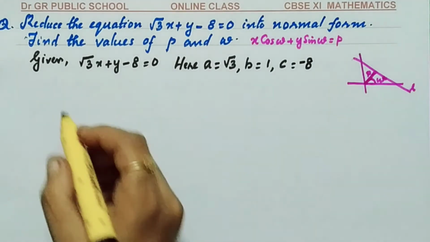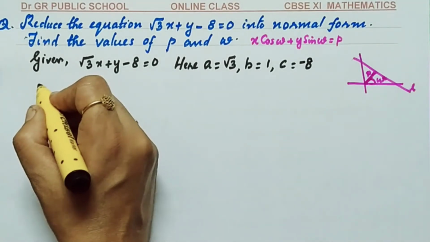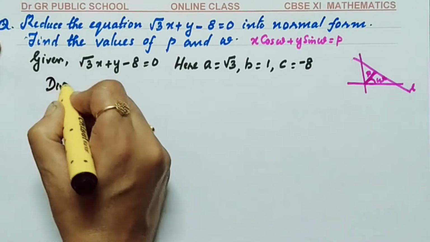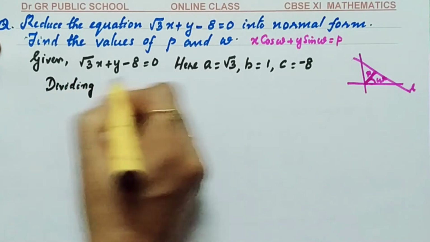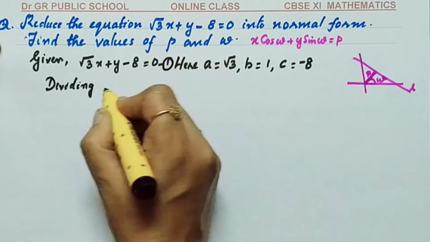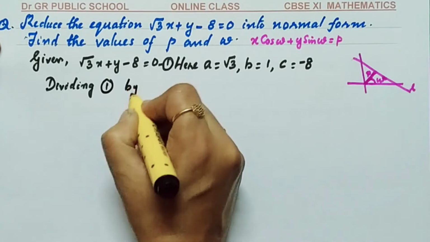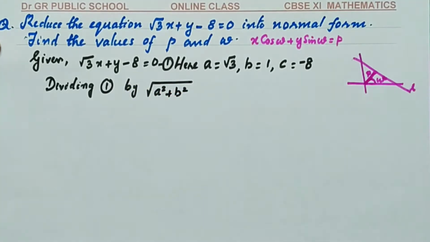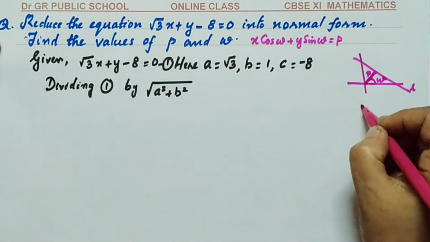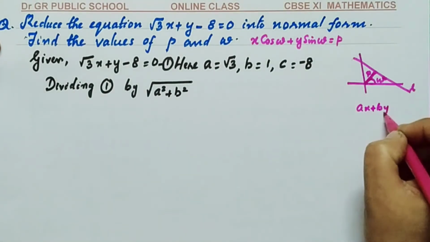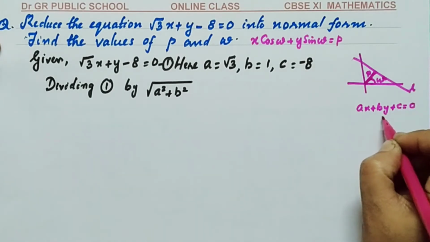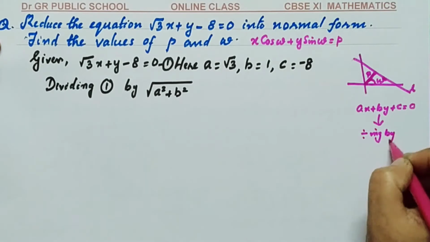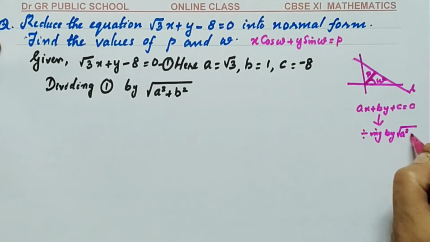Now the procedure is dividing the equation throughout by root of a square plus b square. Take this as equation number 1. So remember, to convert the equation ax plus by plus c equal to 0 to the normal form, the procedure is dividing by root of a square plus b square.